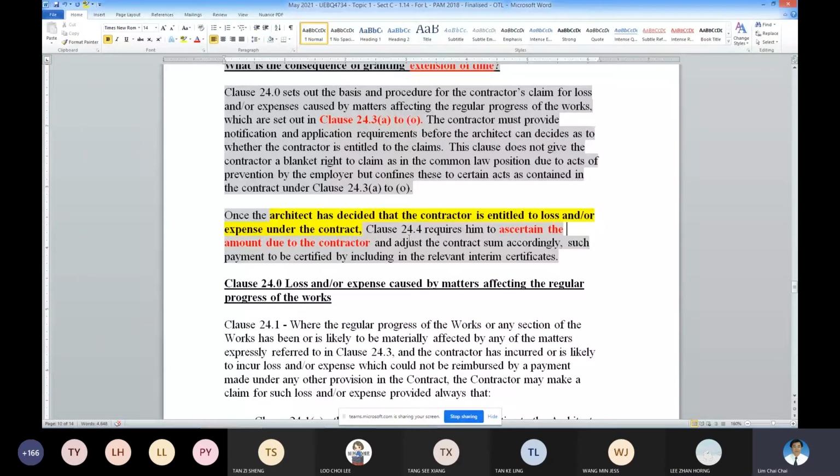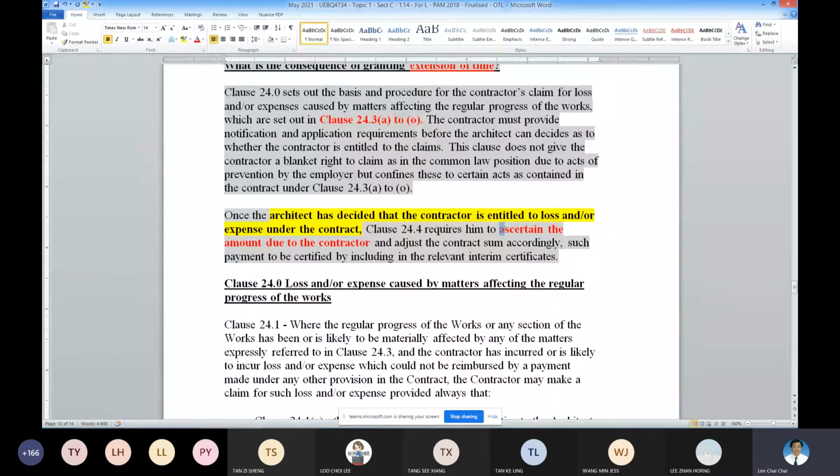So once you know the extension of time procedure, this one is just a slight rephrasing with the correct PAM 2018 clause for your rights for loss and expense. Repeat, the steps are quite identical to your extension of time claim evaluation, for the contractor action to be taken and also for the consultant action to be taken.